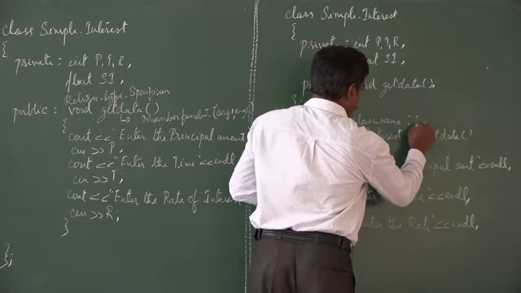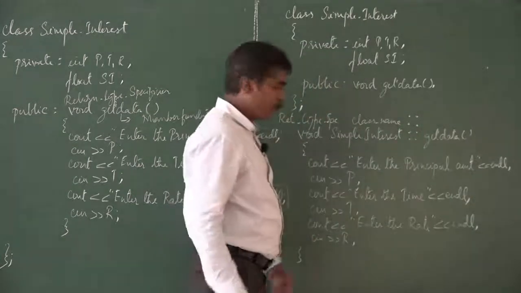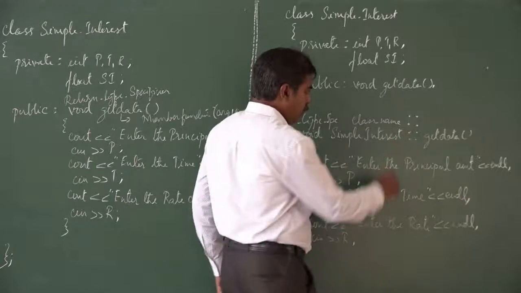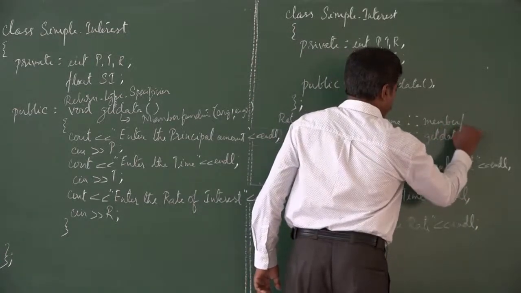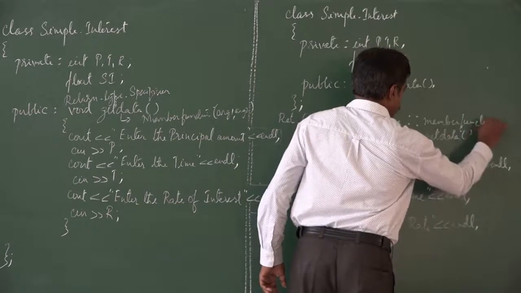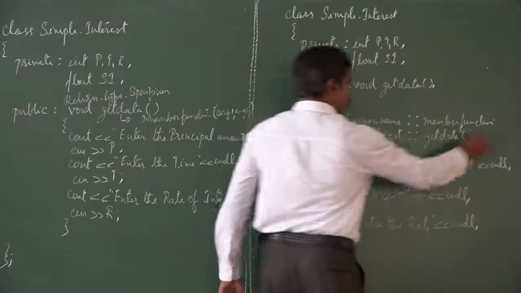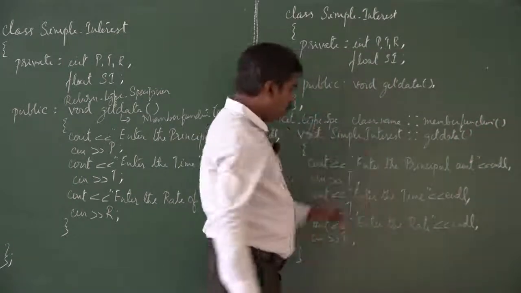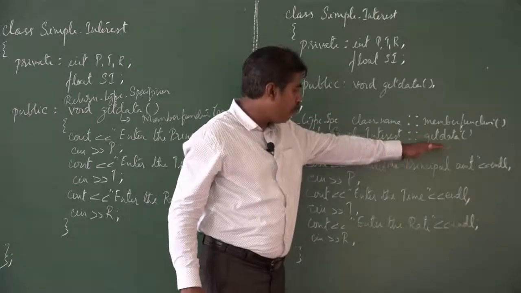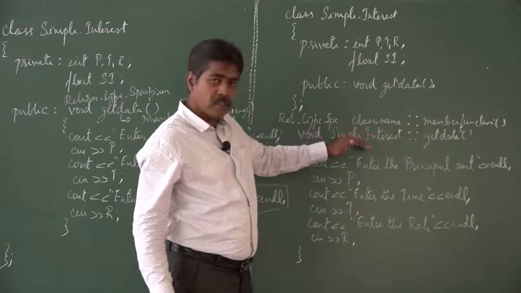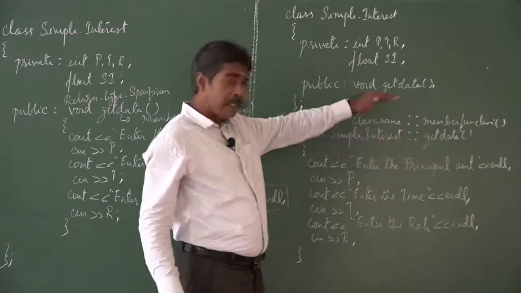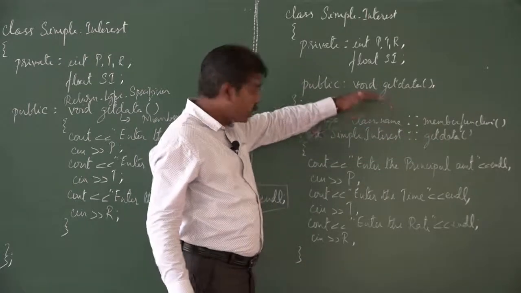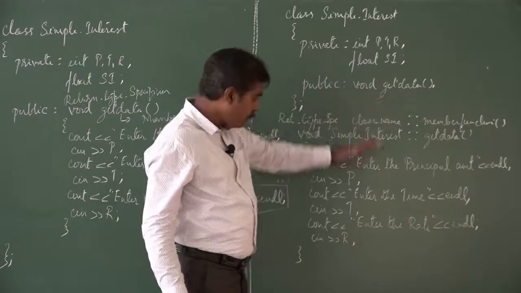Last class we spoke about the scope resolution operator, and then you have the member function which belongs to the class simple interest. That is, getData belongs to simple interest, and that getData has been declared inside but defined outside.